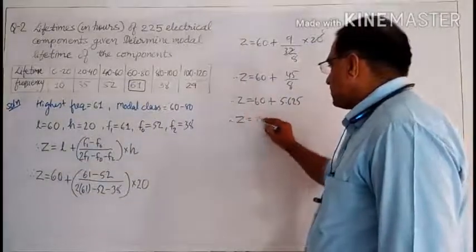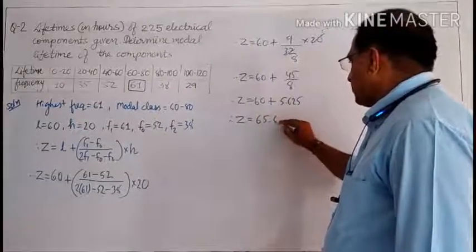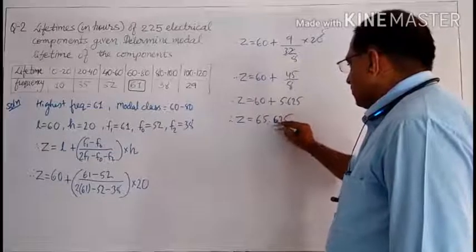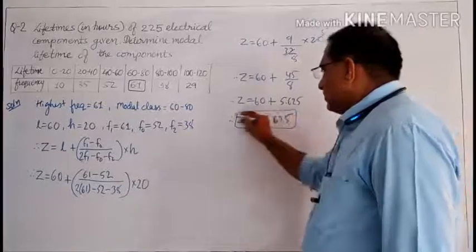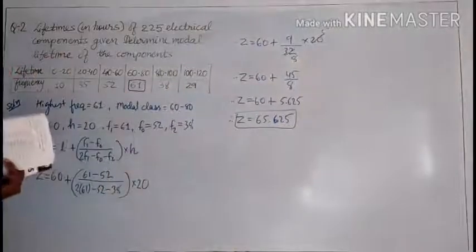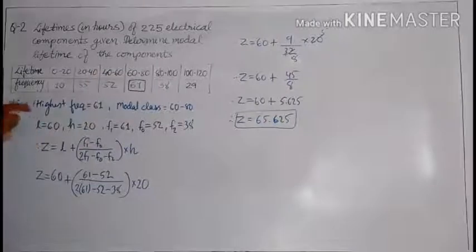So the mode is equal to 65.625. Here this is in hours, so 65.625 hours is the modal lifetime of the components, the lifetime that the maximum number of components have.